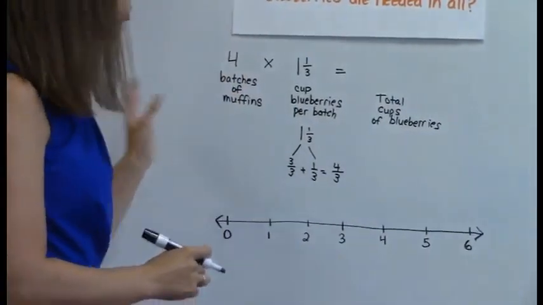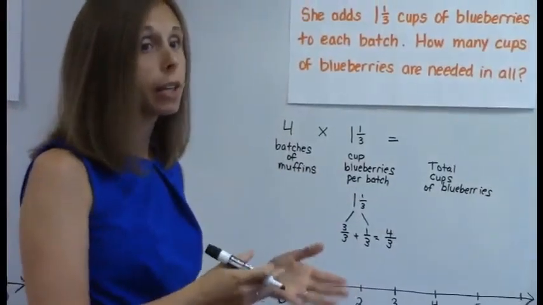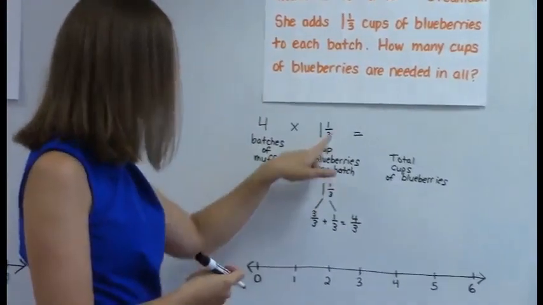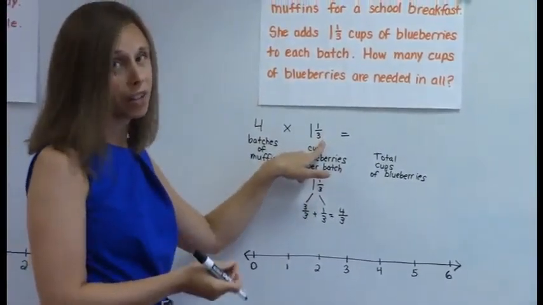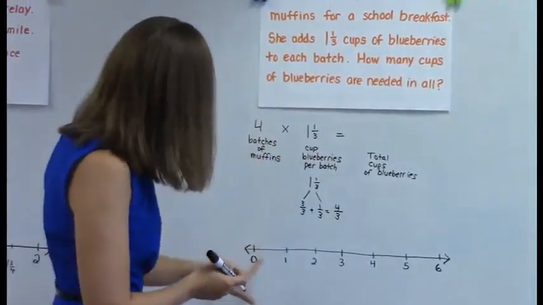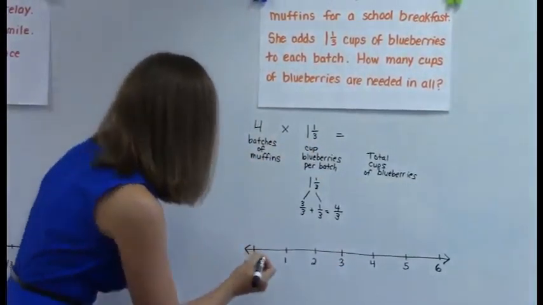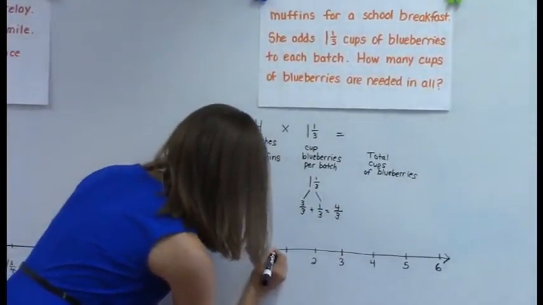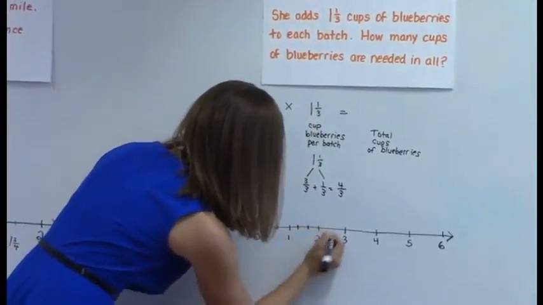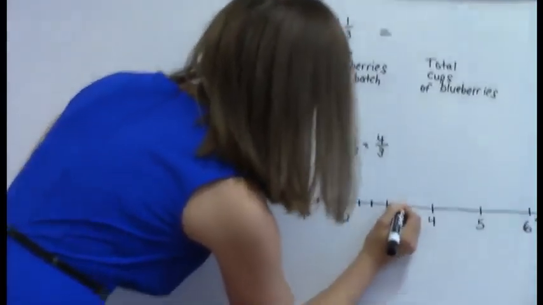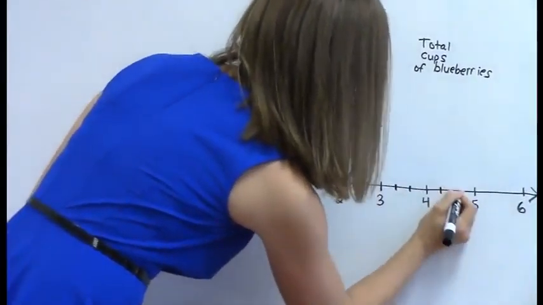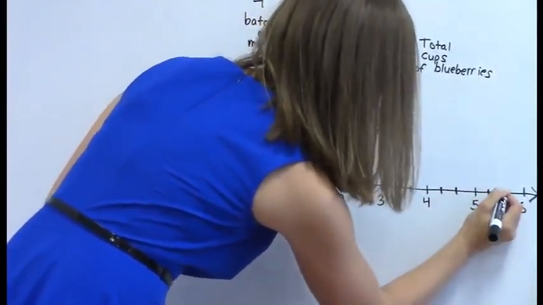So the last time we partitioned our number line into fourths because the denominator was 4, this time we've got a denominator of 3, so in between each of the wholes, we're going to split up into thirds. And I'm going to try to make sure that they are equally spaced.